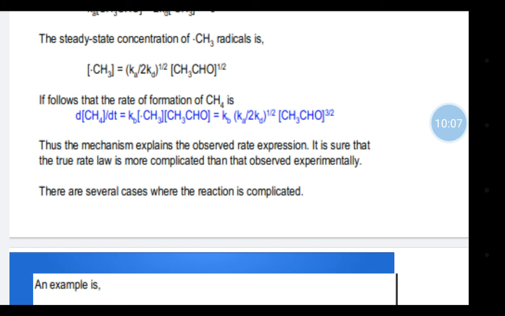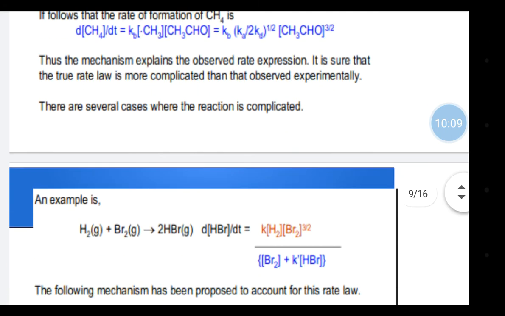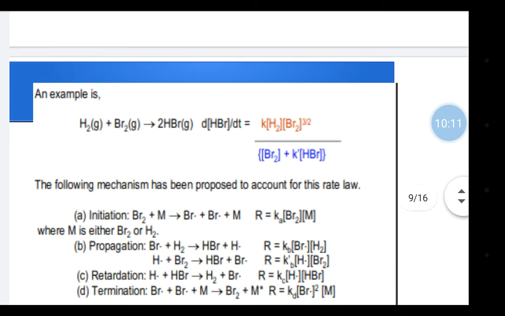Now, there are several other cases where the reaction is complicated. For example, consider the reaction of hydrogen molecule with bromine molecule to form HBr.